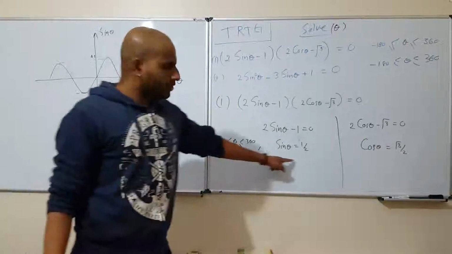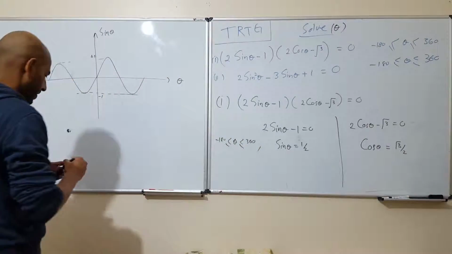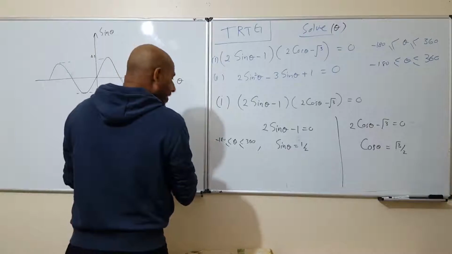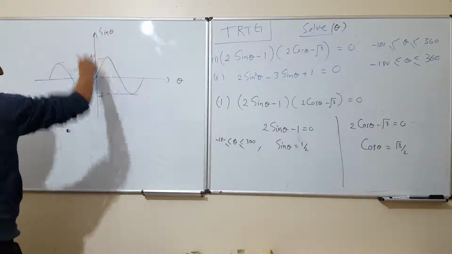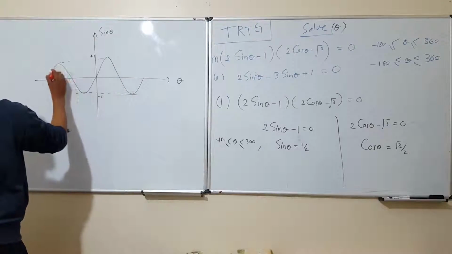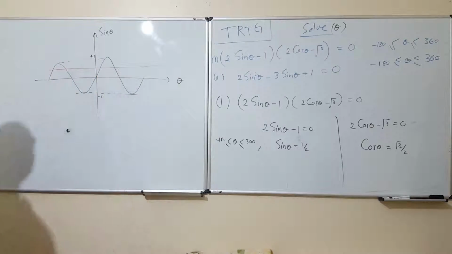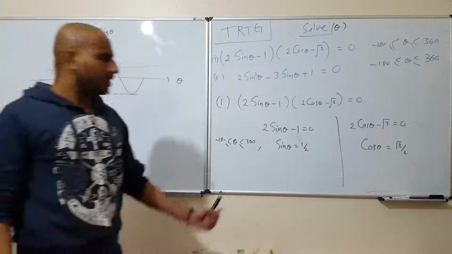And this is sine theta equals half. So we can draw the line sine theta equals half. That's the y-axis, sine theta is half. So we can just draw a line like that.